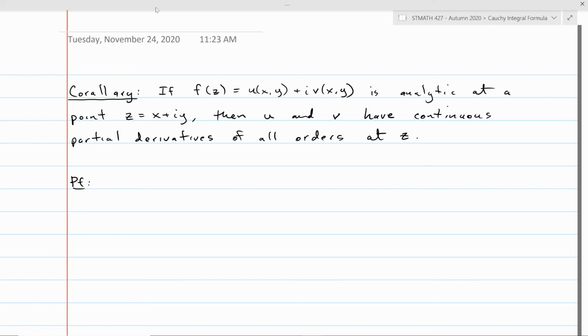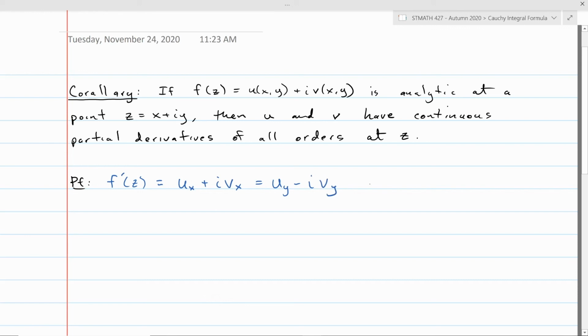They're continuous. And the proof is pretty straightforward because remember the previous theorem said f prime is analytic, f double prime is analytic, and so on. Like we know f prime of z is equal to ux plus i vx, which is the same thing. You can write it as uy minus i vy.